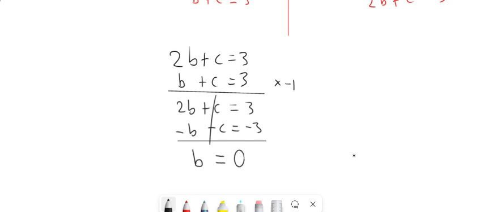So we get b is equal to 0. Then if I take the top equation, so our 2b plus c is equal to 3, and I put in a 0 instead of the b, then I'm going to get that c is equal to 3.